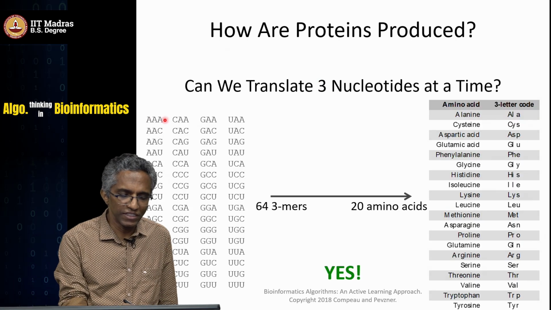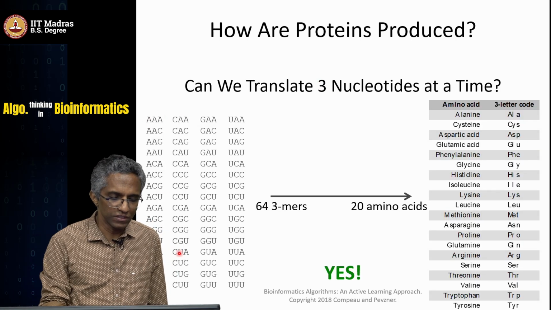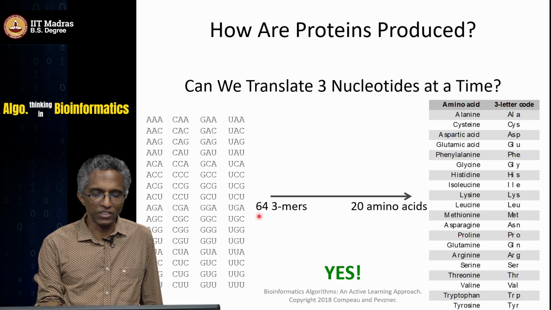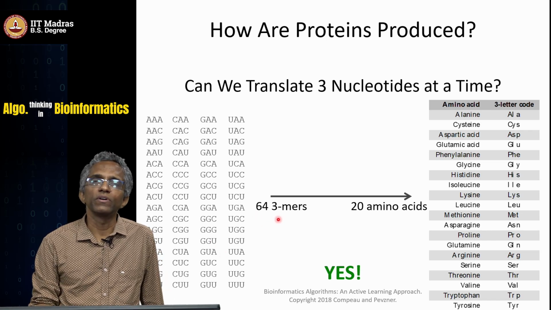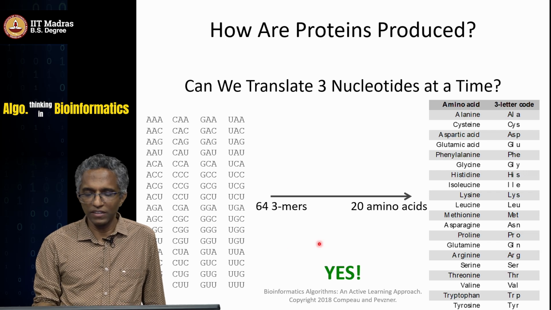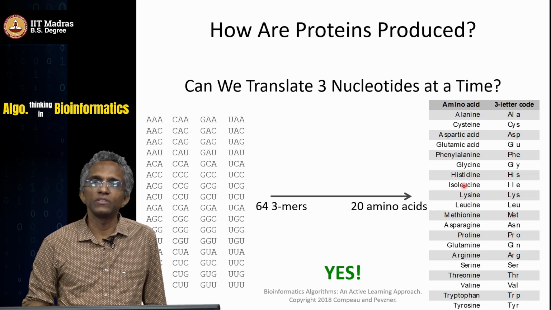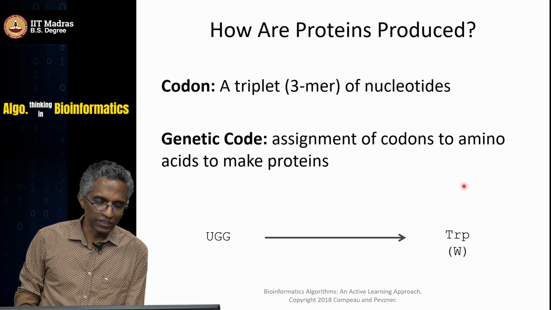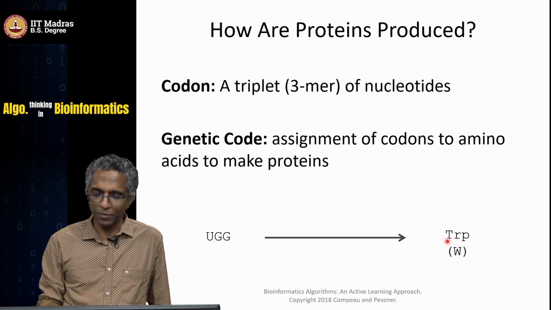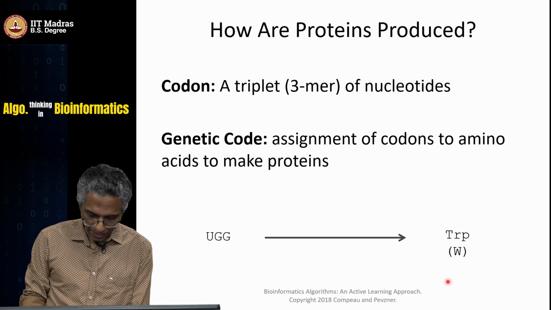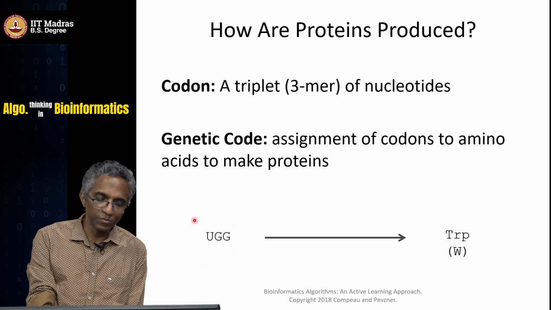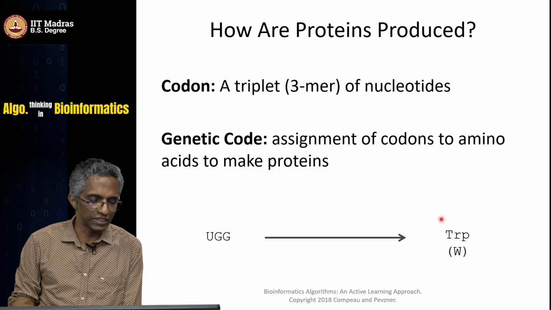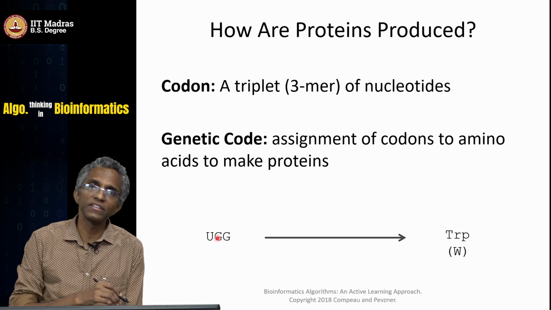You have ACGU and then all possible triplets or codons that are made out of ACGU. It is 64 3mers in number, 4 times 4 times 4, and then that is getting mapped into 20 amino acids using the genetic code. For instance, if you look at an example of UGG, that gets mapped to tryptophan or W. And because there are 64 3mers or 64 triplets or 64 codons and only 20 plus amino acids, we can have redundancy in the genetic code.